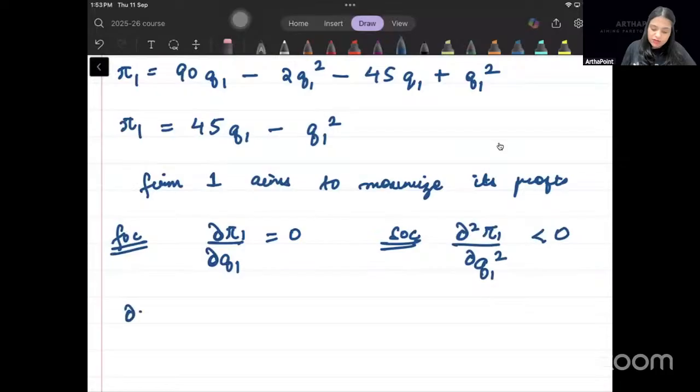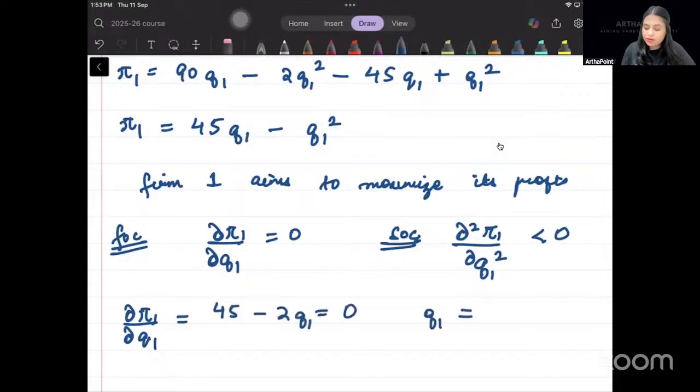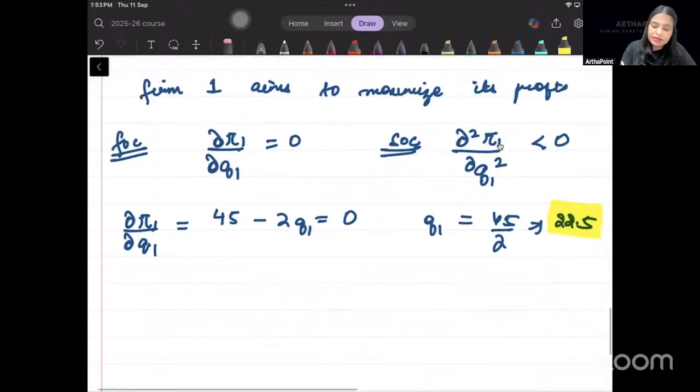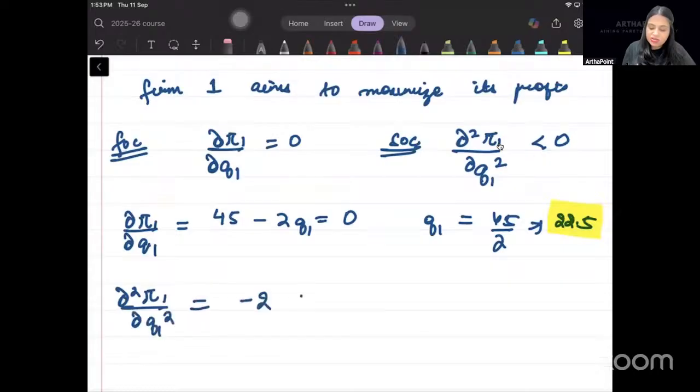So if I just differentiate this with respect to Q1, I'll get 45 minus 2 Q1 equal to 0. So Q1 will be 45 by 2, 22.5. Right? And if I just double differentiate this, minus 2 less than 0, therefore maximized.